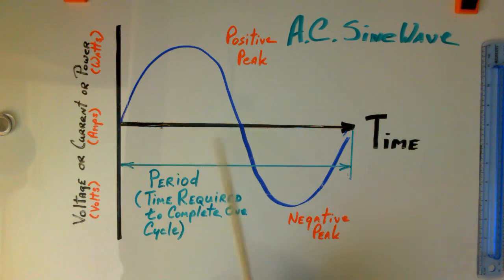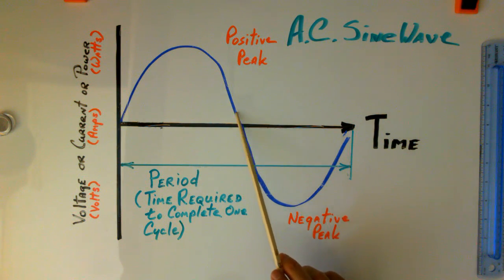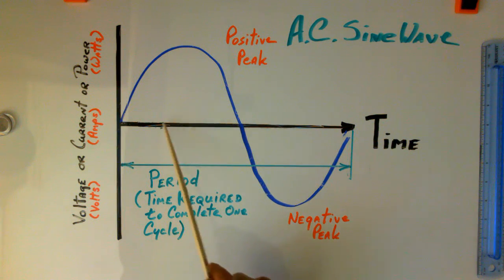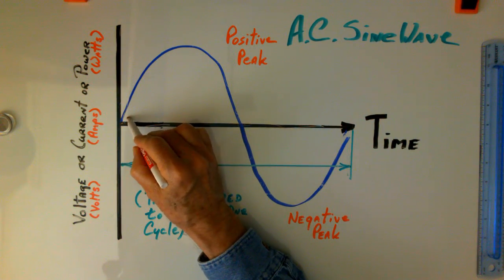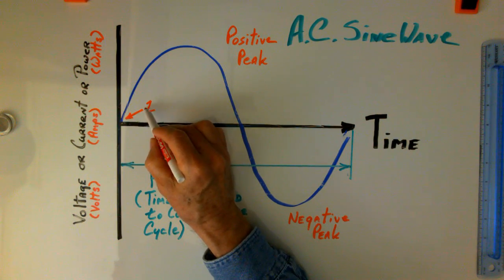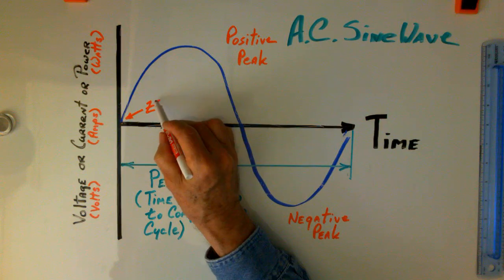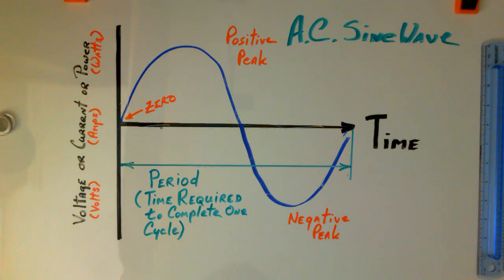As time progresses, the sine wave begins to decrease and head toward the 0 line, and this is the 0 line right here. Let me get my red marker and label that point as 0.